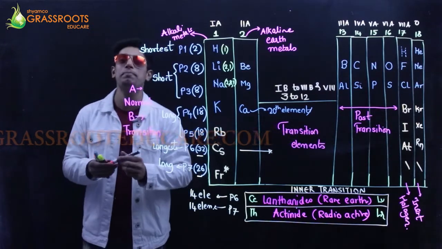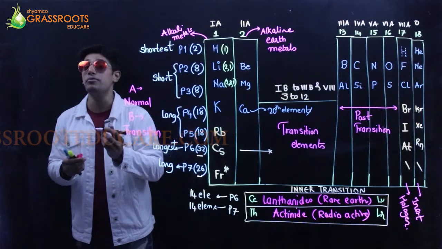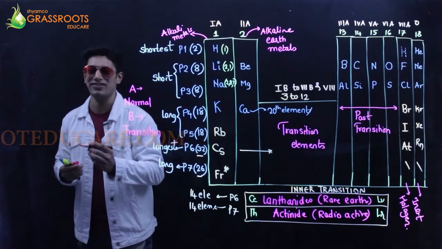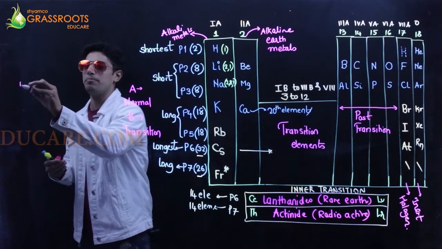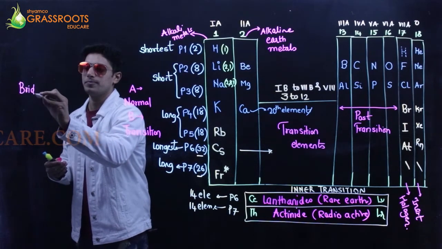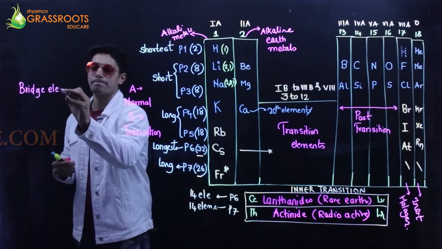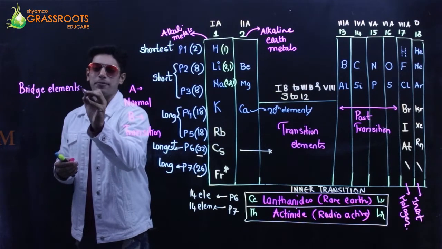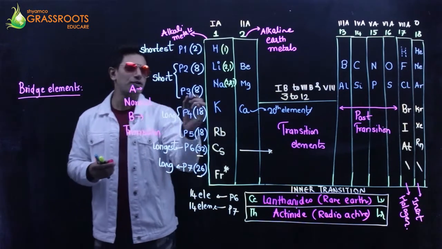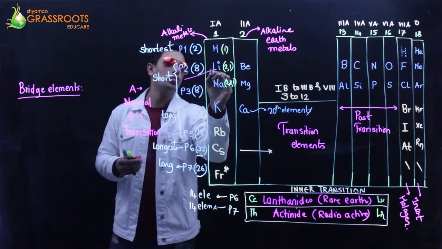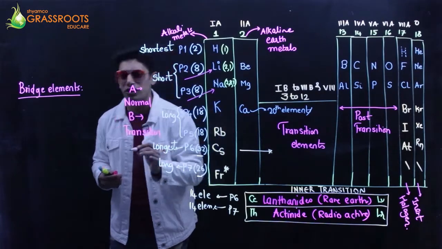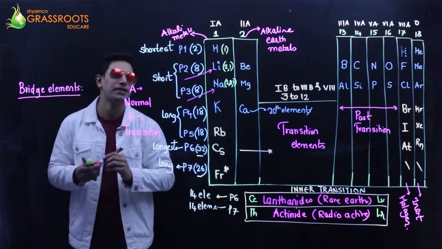Now talking about the periodic properties and the bridge elements, two new things. So first, if I talk about the bridge elements, I give you an example to explain this concept. We usually talk about period number 2 and period number 3 in order to explain this concept.